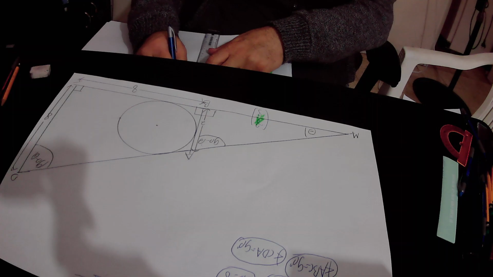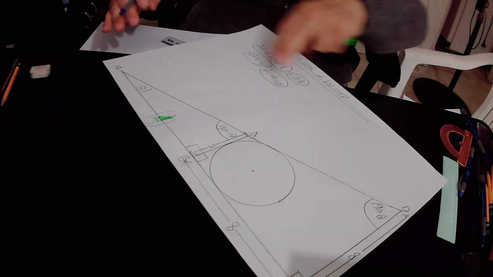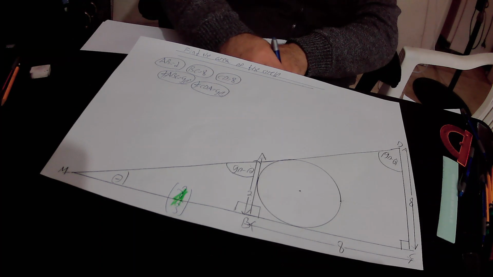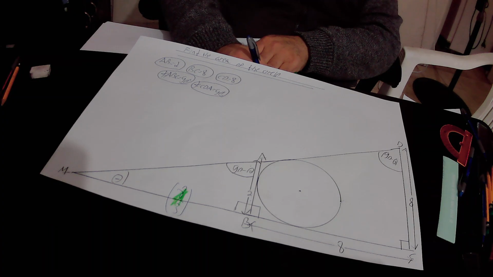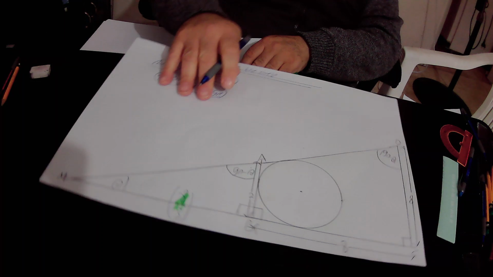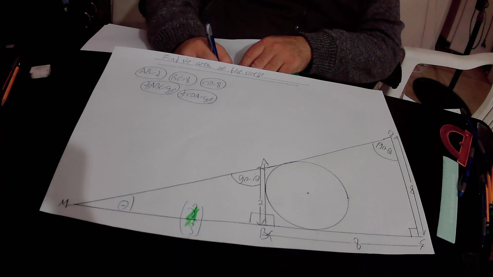The hypotenuse in this small right triangle MBA is AM, so AM squared must equal AB squared plus BM squared.